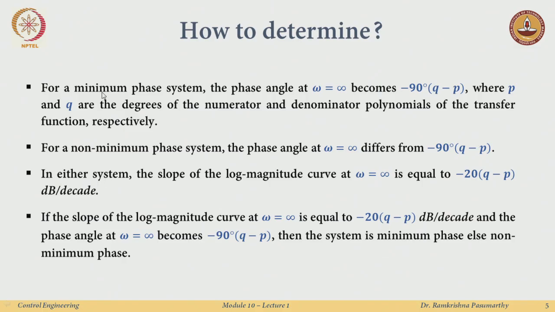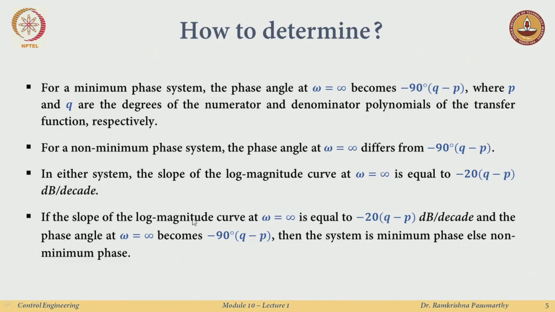However, in either case, minimum phase or non-minimum phase, the slope as omega tends to infinity would be minus 20 or some multiple of minus 20, equal to minus 20 (q minus p). So the multiple will come over here.